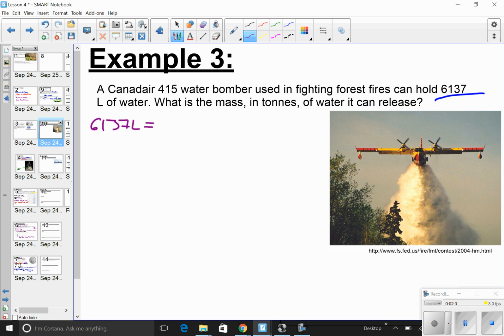When we're talking about water, 1 liter is the same as 1 kilogram, which means 6,137 liters is the same as 6,137 kilograms.